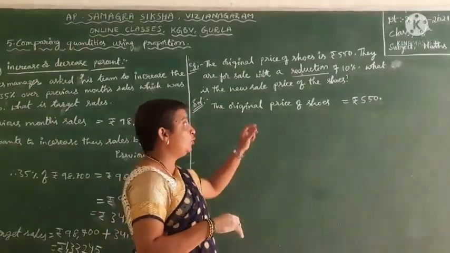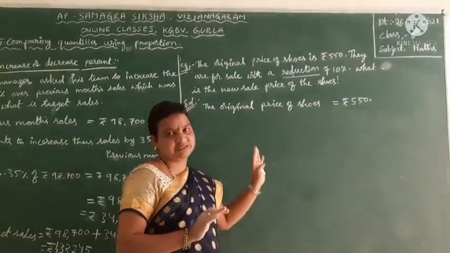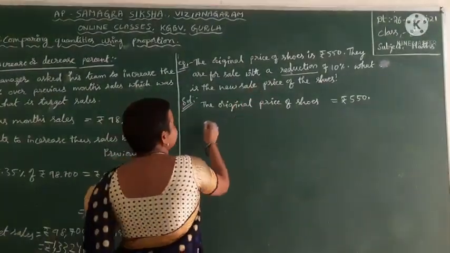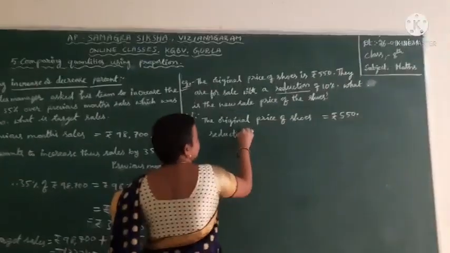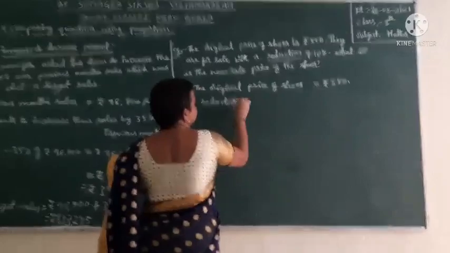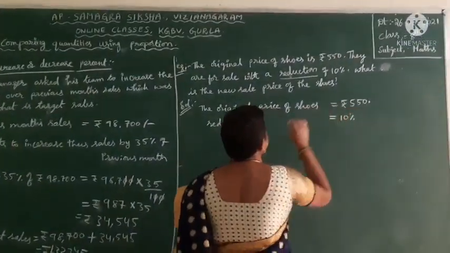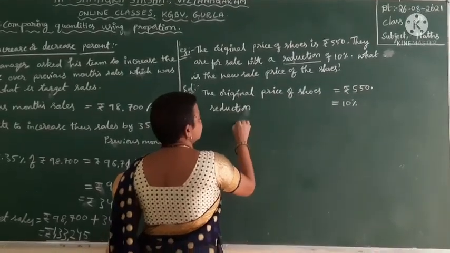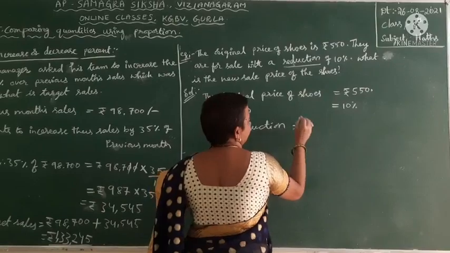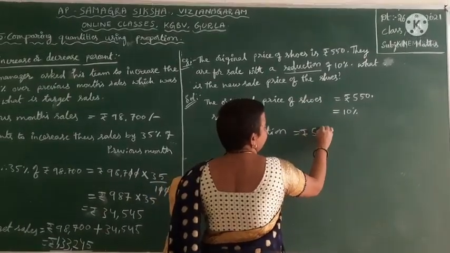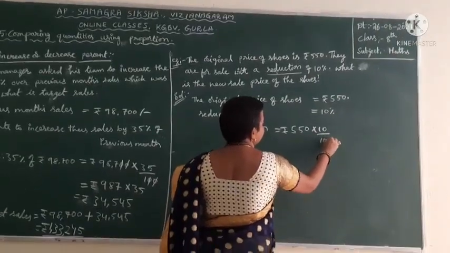We have to find the reduction or decrease in the cost price. The reduction is equal to rupees 550 into 10%, which means 10 by 100.